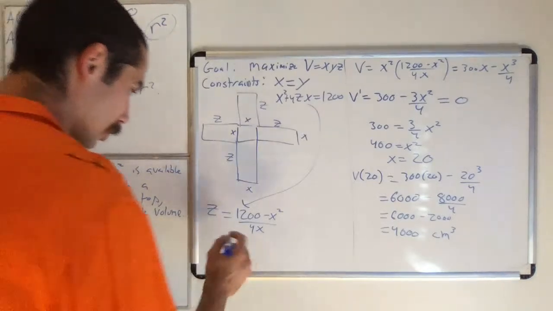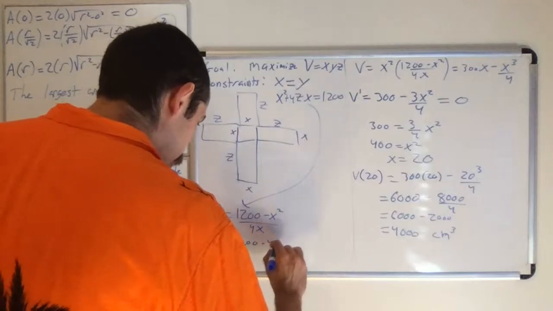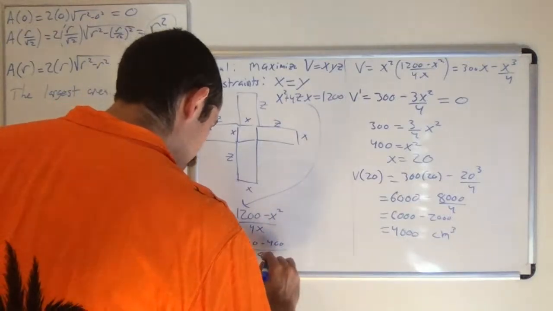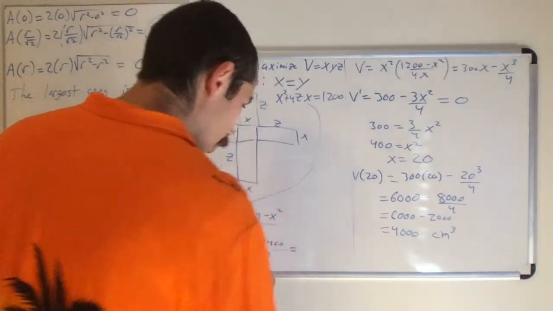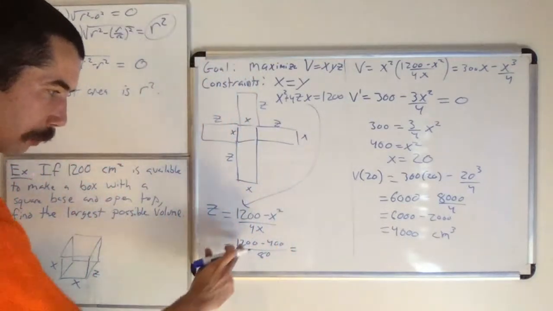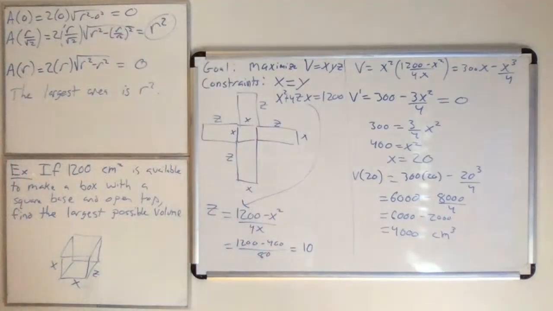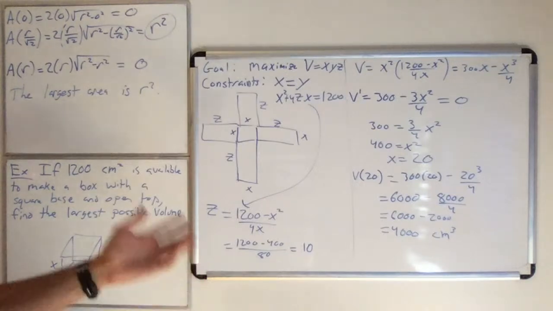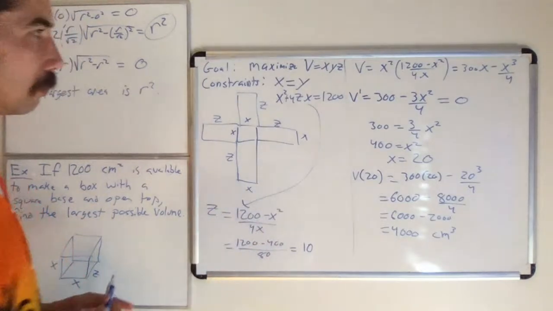So let's see. 1200 minus 400 over 80, which is 800 over 80, which is 10. And then, yeah, you would do v equals x squared times 10. So 400 times 10 is 4,000. So yeah, that's another way you could do it, Jax, if you wanted to use this equation.